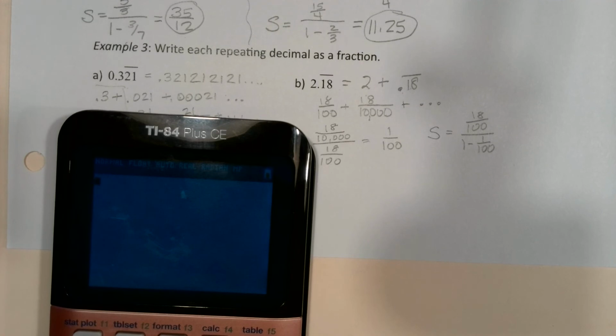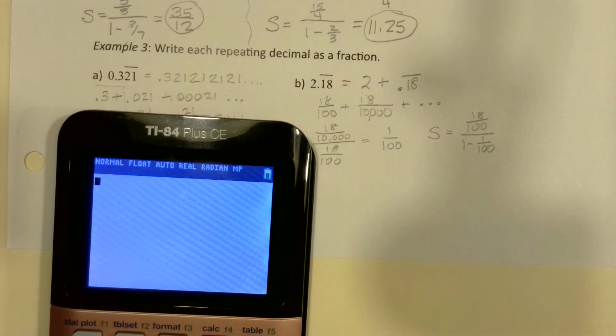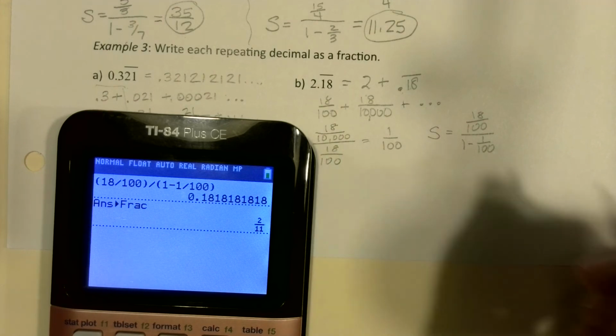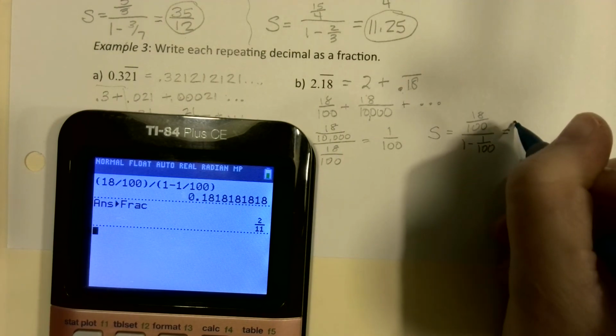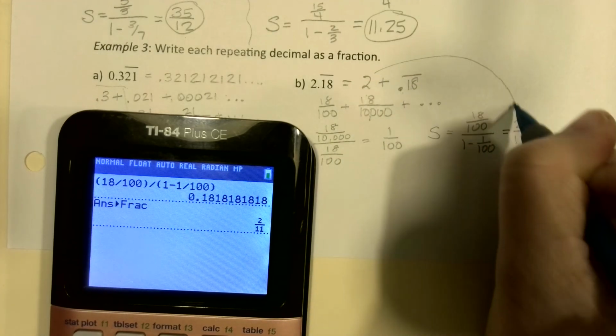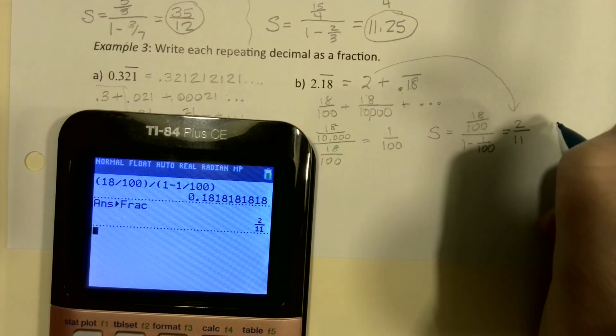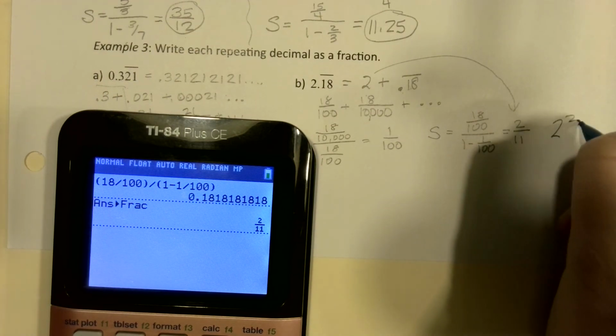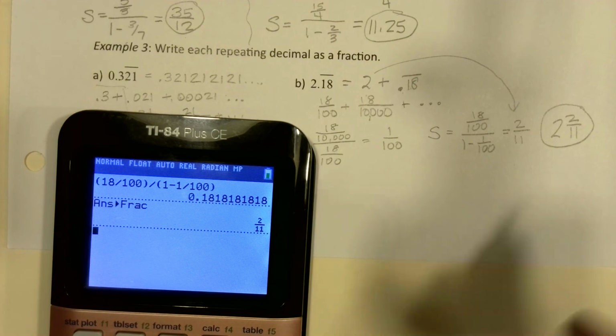Alright, so 18 over 100 divided by 1 minus 1 over 100 is, good, we have to turn that into our fraction. This is 2 over 11. So adding the 2 back in gives us 2 and 2 11ths as our final answer.